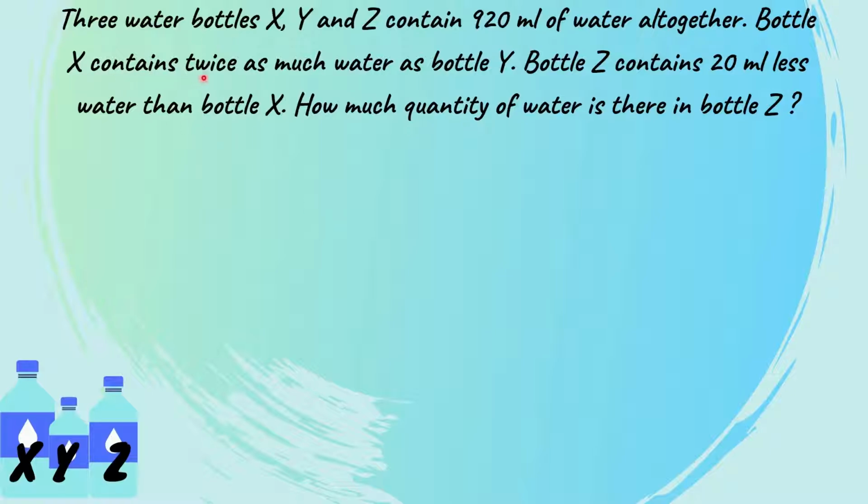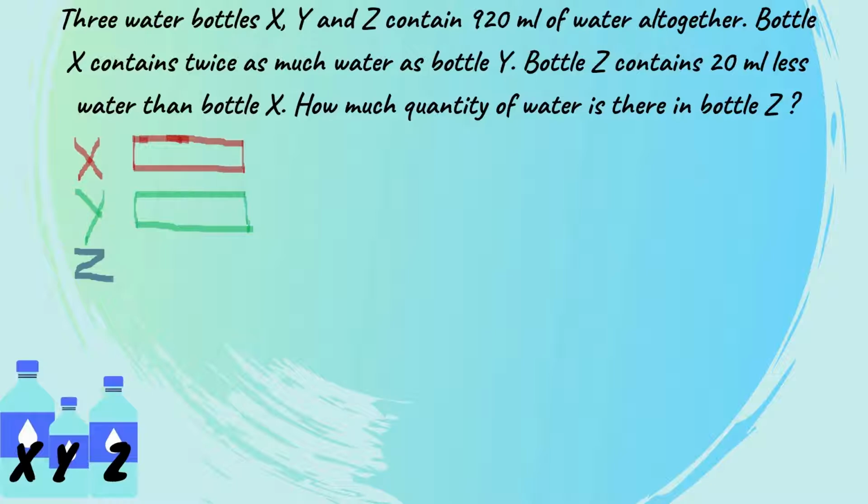Here they say the bottle X contains twice as much water as bottle Y. So I'm going to represent X in the bar model and then Y and then Z. As you can see, if I imagine Y is this unit, this ml of water, then X should be double, right?